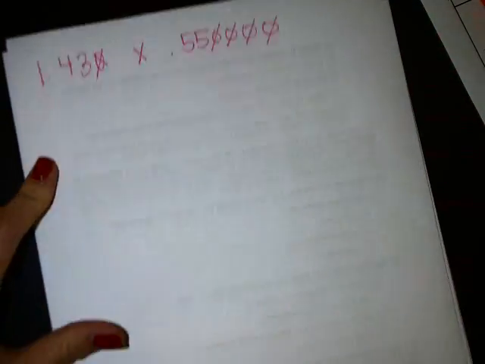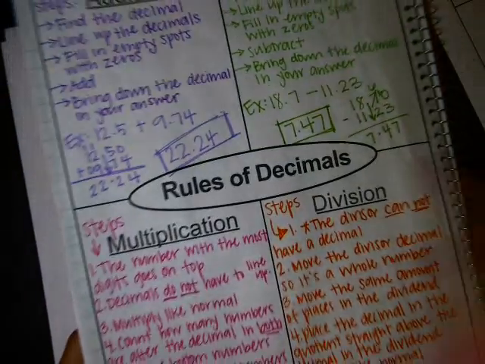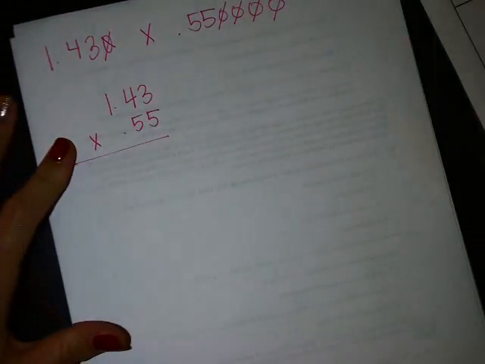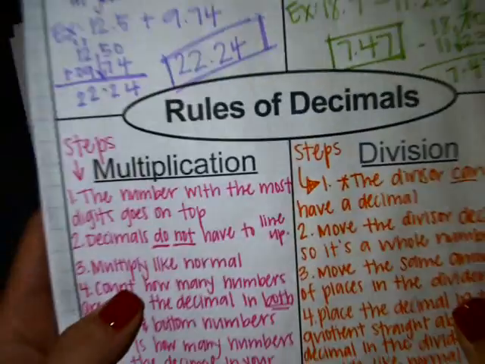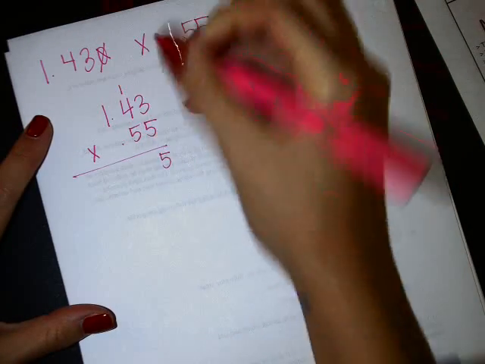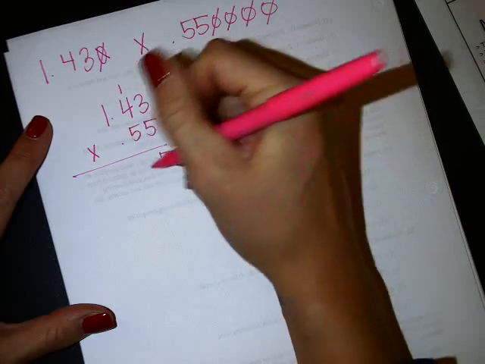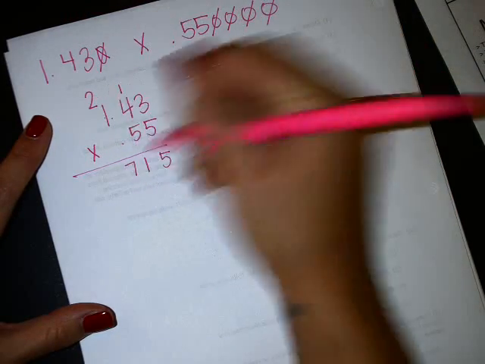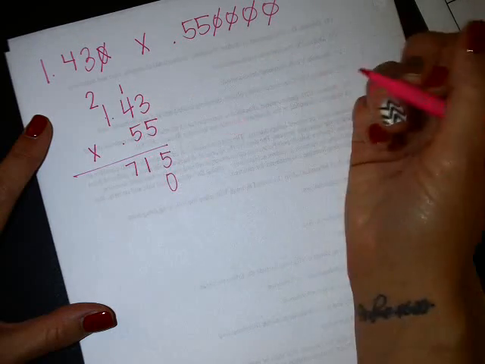So according to our steps, the number with the most digits goes on top. So that's going to be my 1.43 multiplied by 0.55. Now the decimals don't have to line up, and in this case they did, but that was just a coincidence. They do not have to line up like when you add or subtract.